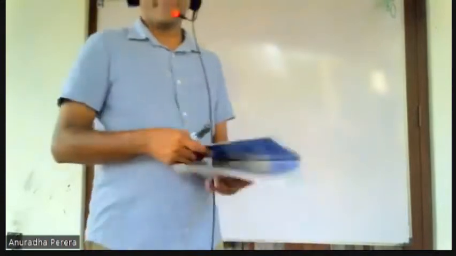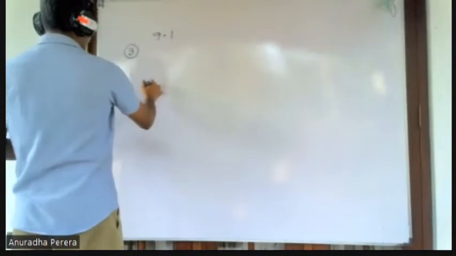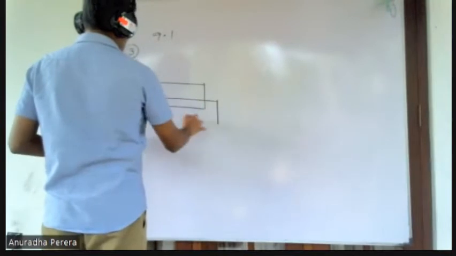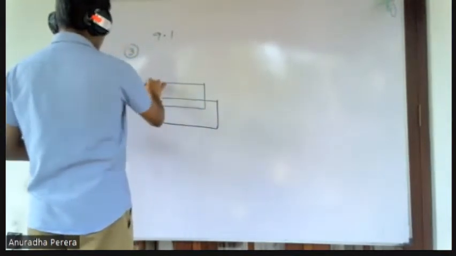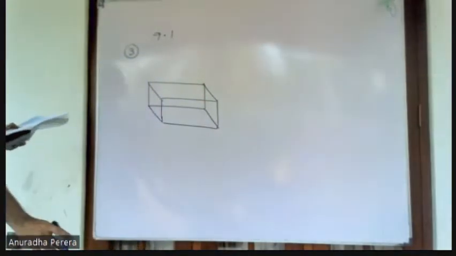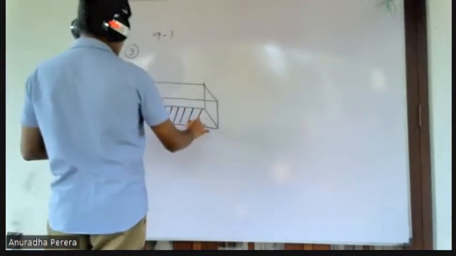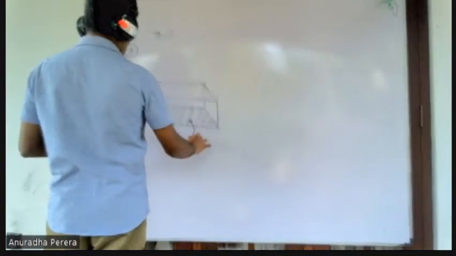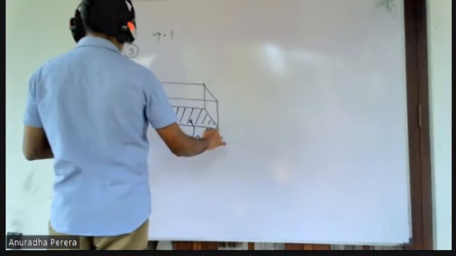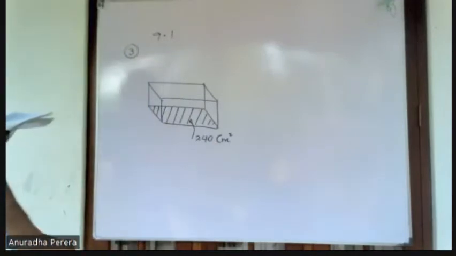A cuboid shaped tank of base area 240 square centimeters is filled up to height 12 cm.